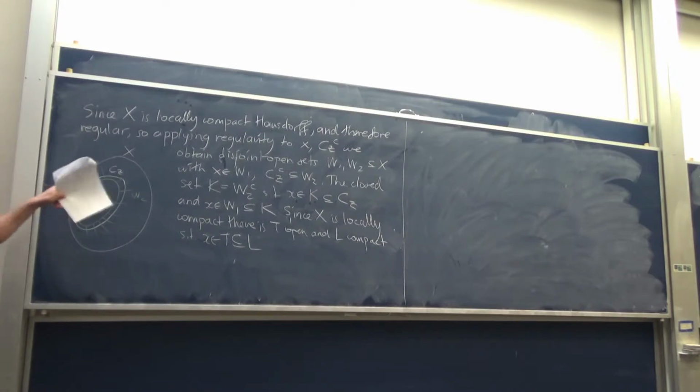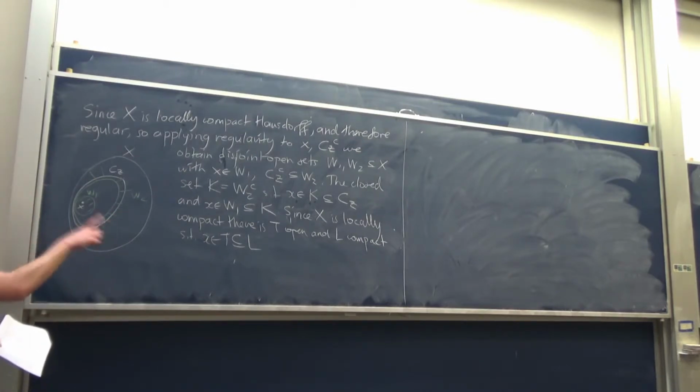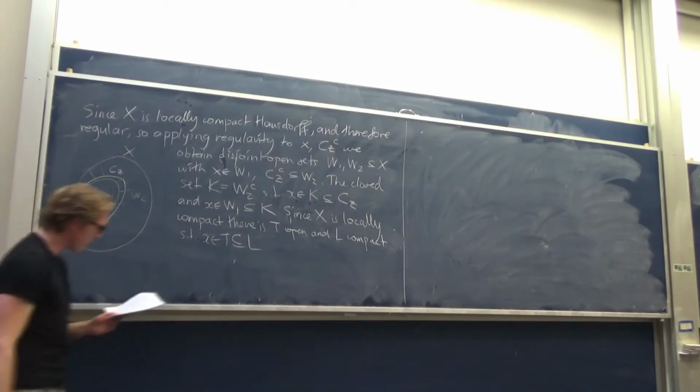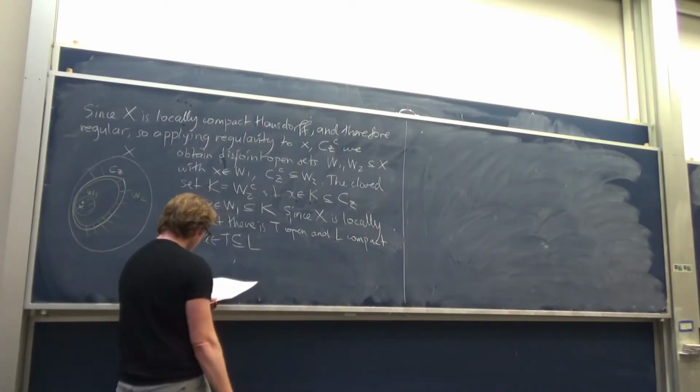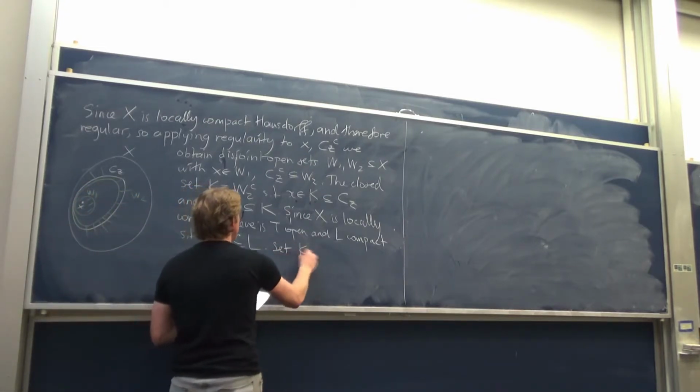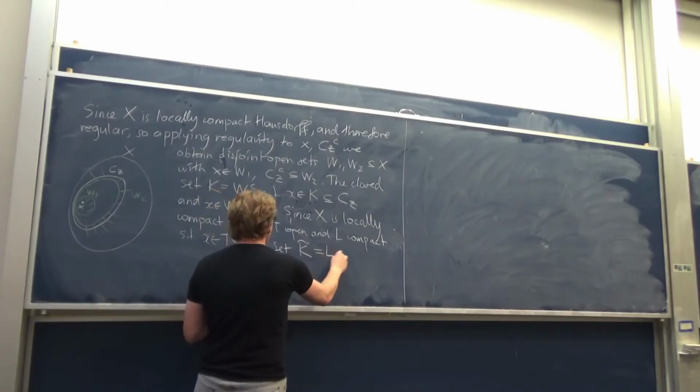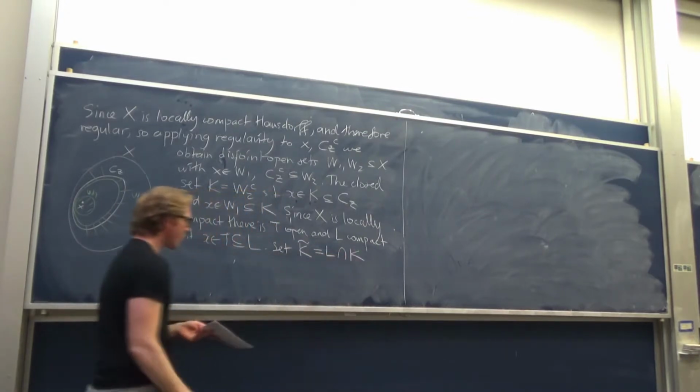The important ingredients are W1 and the complement of W2. I'm just using this T and L to shrink those down, so I'm not going to draw pictures for them. So we set K tilde to be L intersect K.